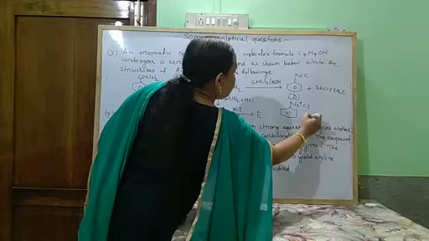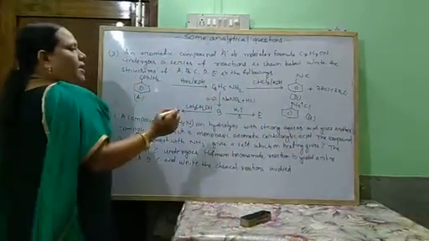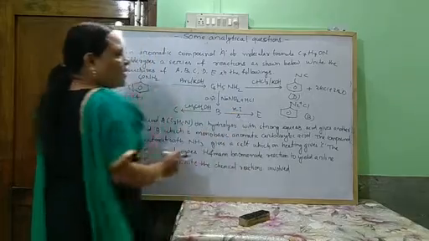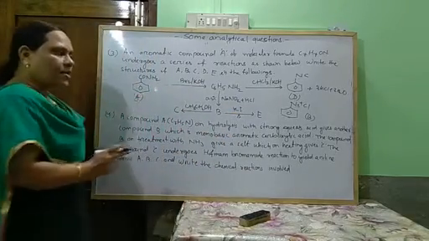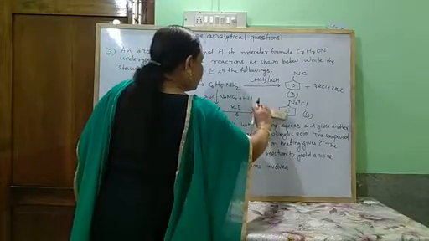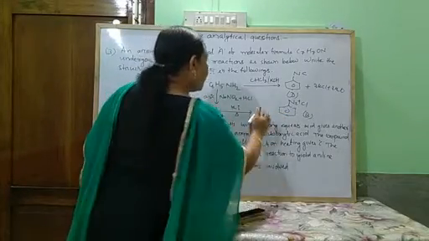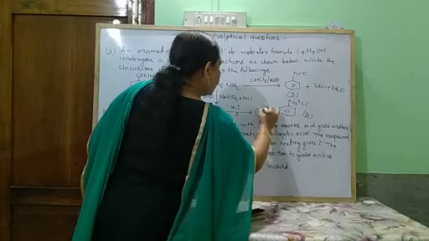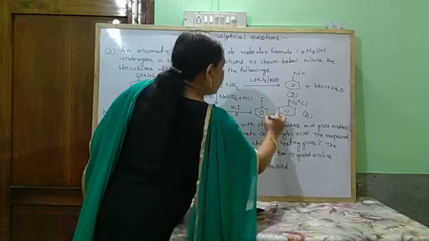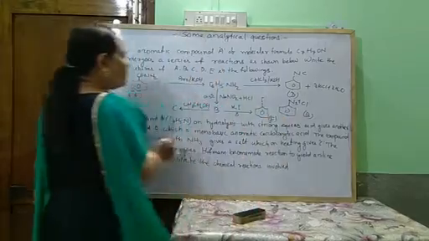And B, when heated with potassium iodide, what does it form? It forms iodobenzene. Hence, E is iodobenzene. This one is E.